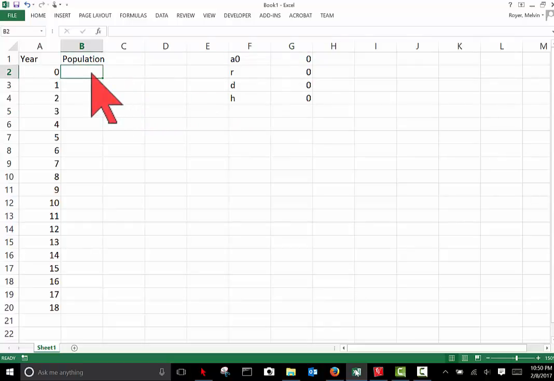All right, so here in the initial population, I'm going to take this value. And then in successive populations, it will be the quantity 1 plus the R value. And I want this to be absolute addressing because I'm planning to drag this formula down. So the R value, and let's put dollar signs on that.